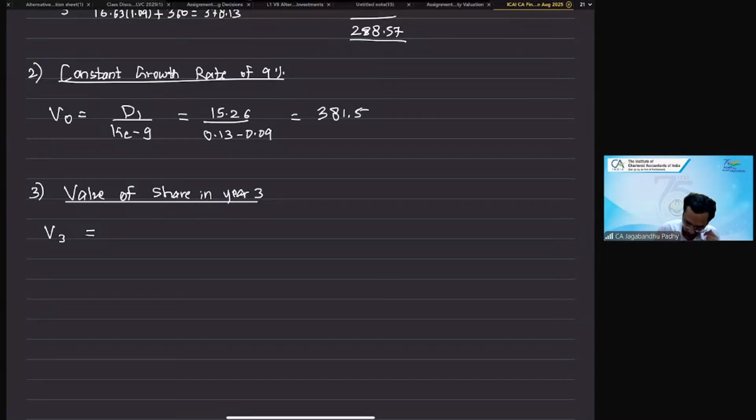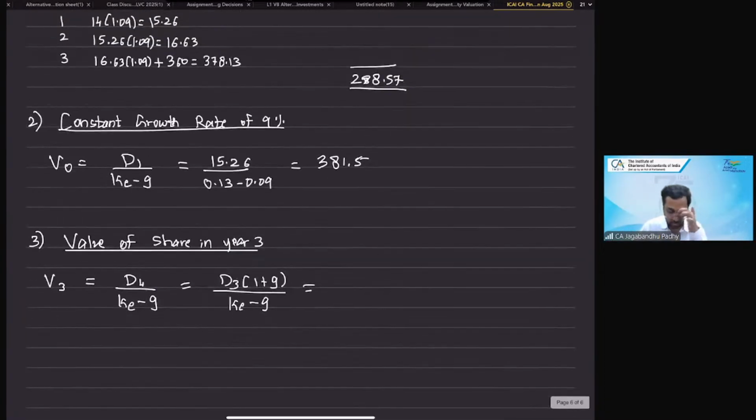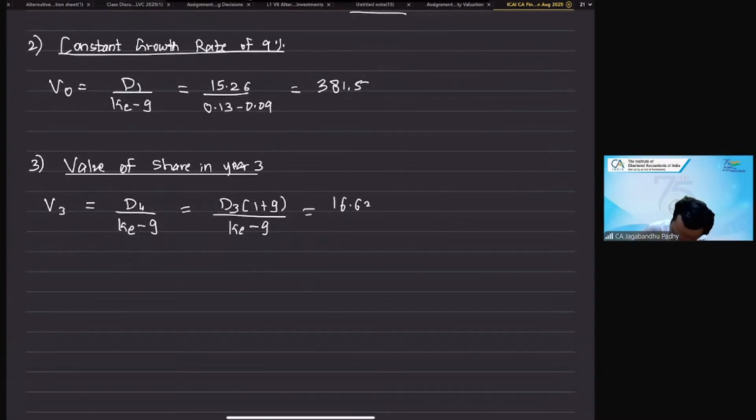That will be equal to D4 upon K minus G. And we know D4 is nothing but the third year dividend into 1 plus G upon K minus G. So the third year dividend was 16.63 into 1.09, upon K is 0.13 minus growth rate of 9%.